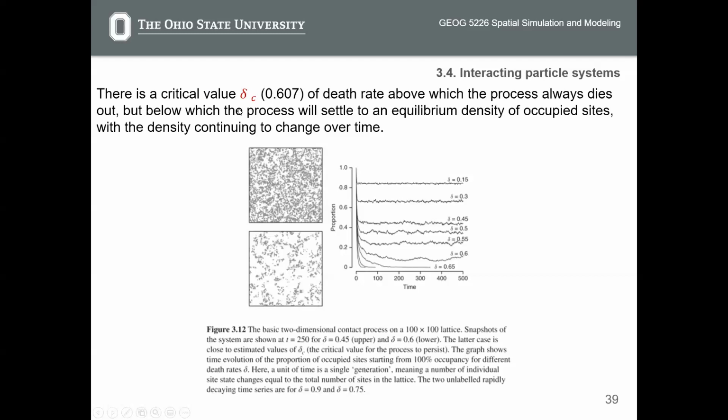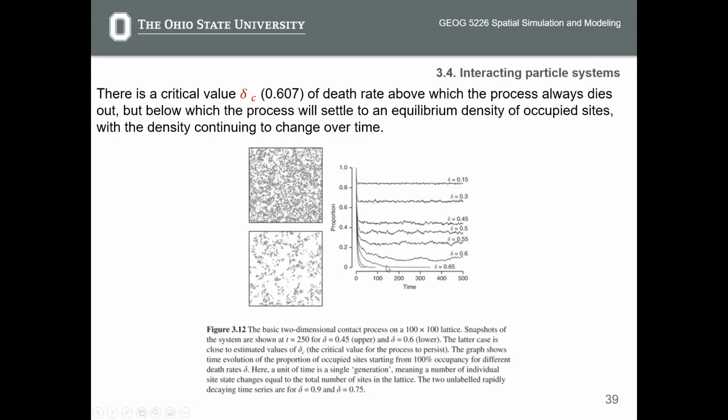But if you change the delta value to some value above 0.607, you can see that the system will die very quickly because the proportion of occupied cells is 0, right? If you give a value of 0.65 to the system, the system can still survive 100 ticks.